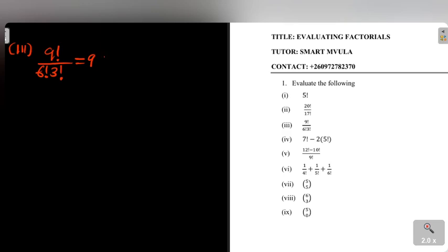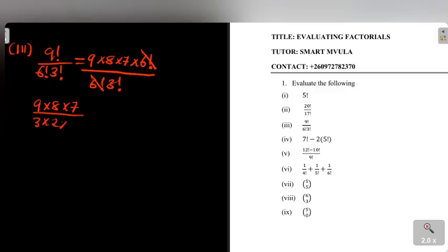So it will be 9 times 8 times 7 times 6 factorial over 6 factorial times 3 factorial. So 6 factorial and 6 factorial cancel. Then we have 9 times 8 times 7 over 3 factorial, that's 3 times 2 times 1.